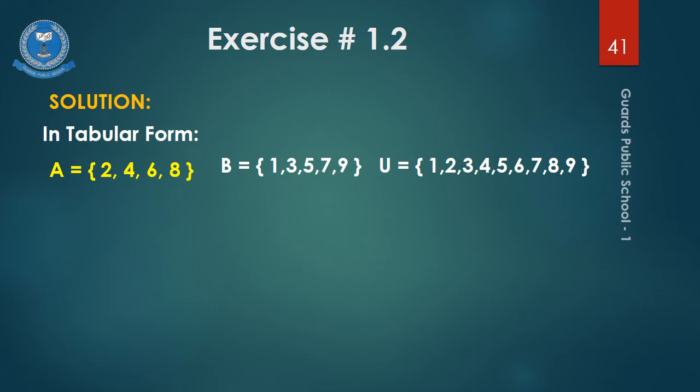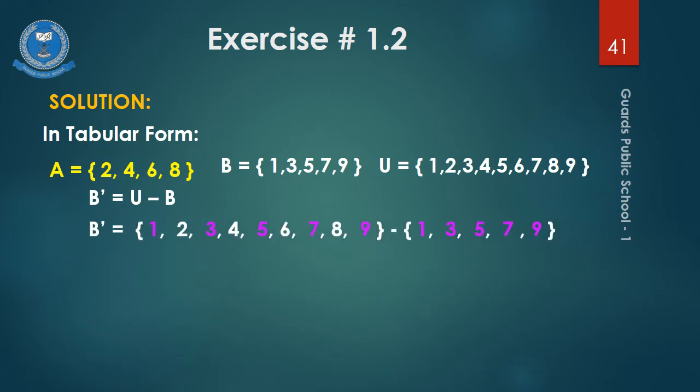Required is (A union B) complement. So first we will have to find B complement. B complement means simply the difference of set B from the universal set. B complement is equal to U minus B, which means list all the members of the universal set minus all the members of set B. Difference means mention the remaining members of the first set and do not mention the members which are present in the second set.